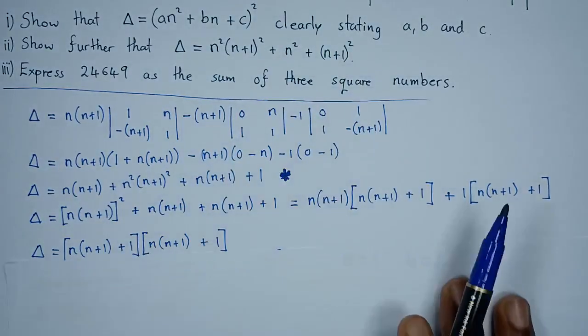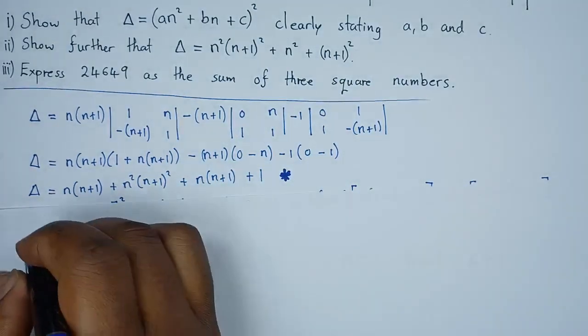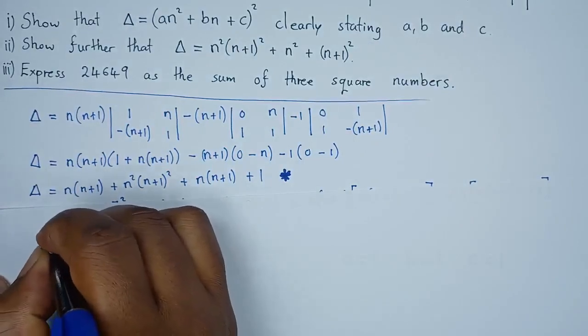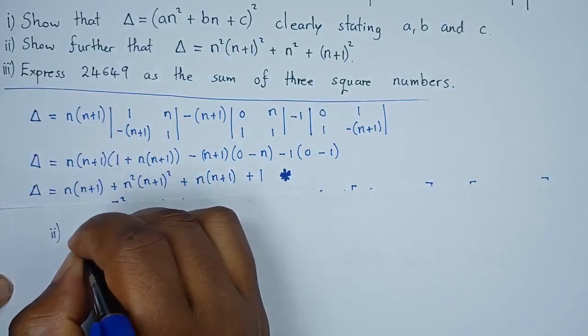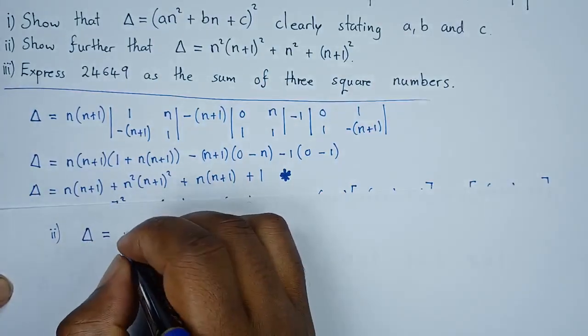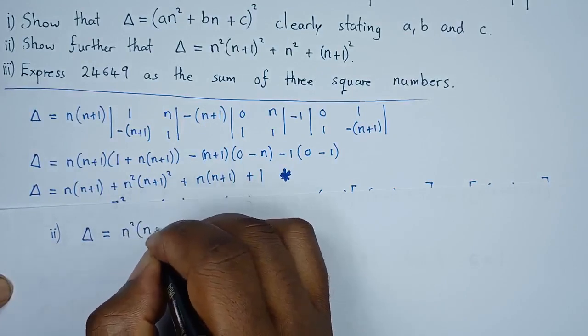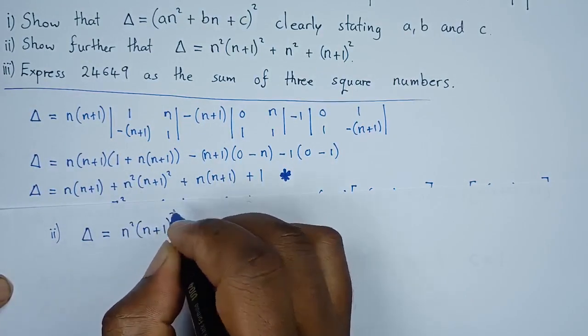So we're going to say, this is part 2. We know that since the determinant can be written as, so I'll start with this, which is n squared, open bracket, n plus 1 squared.